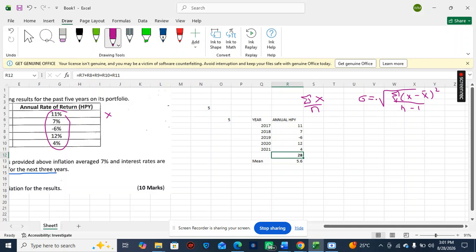This is sigma. So our mean x bar is 5.6.